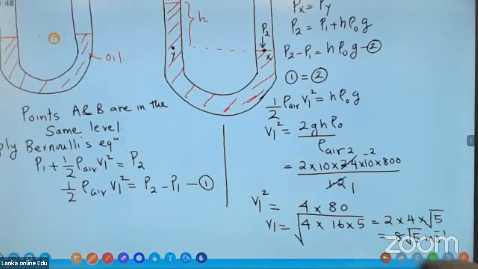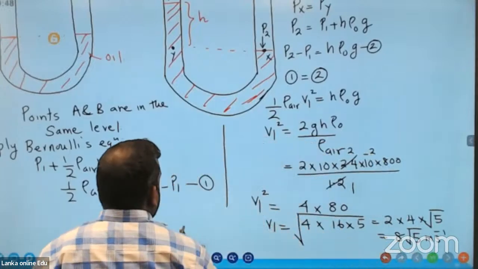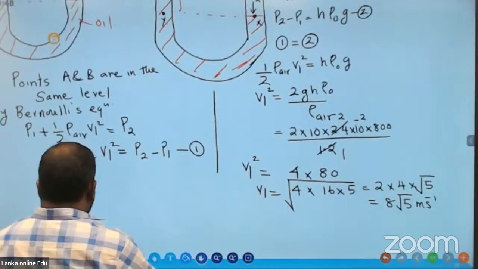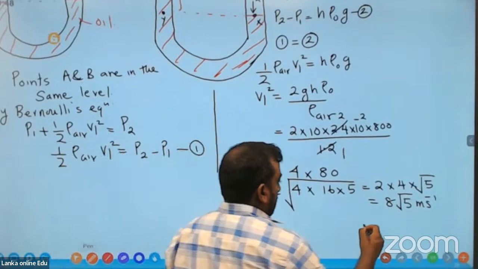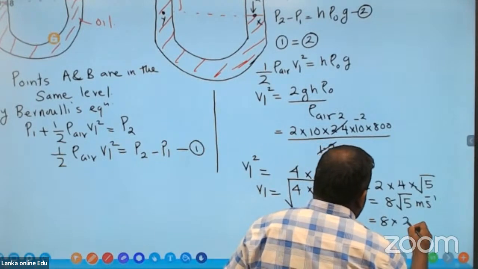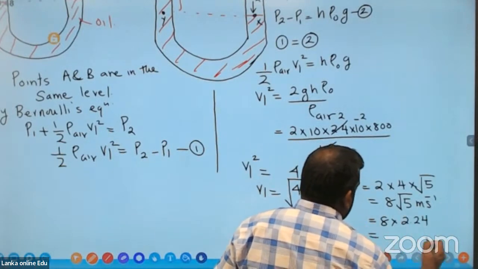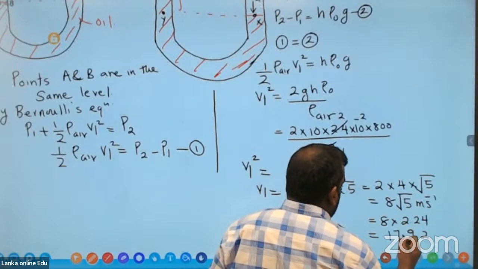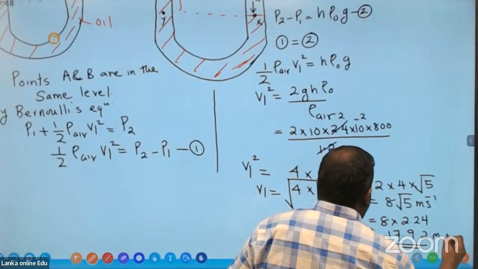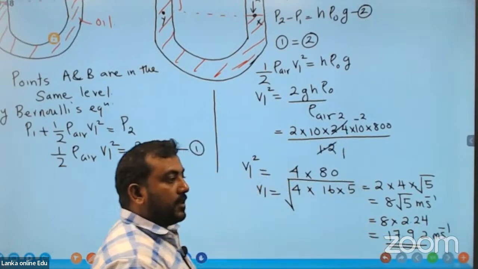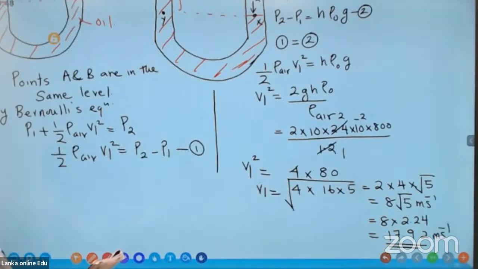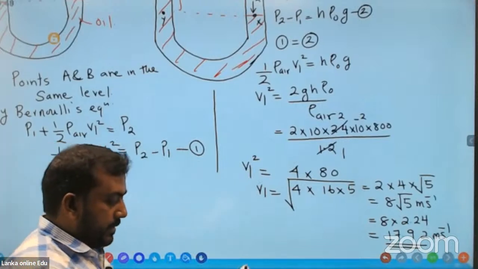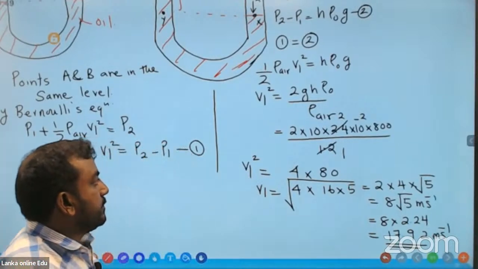If you simplify this, 8 multiplied by 2.24 is 17.92 meters per second. There you go, the velocity.